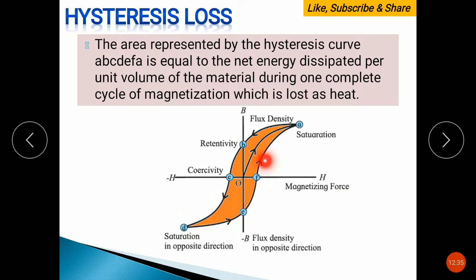Whatever the area covered by this hysteresis loop, this area gives the net energy lost by the material in one cycle, and that loss of energy in the form of heat is called hysteresis loss. And this hysteresis loss should be minimum.